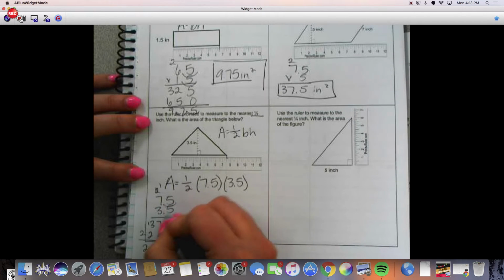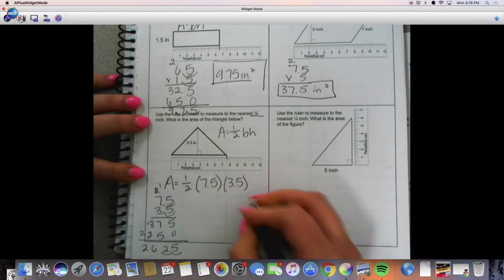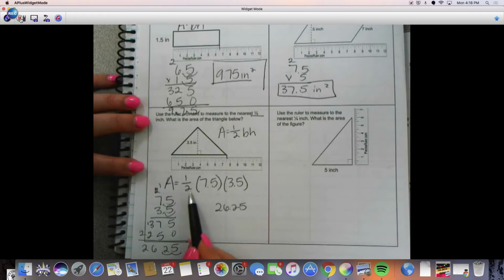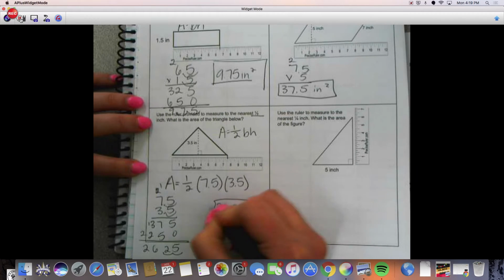Now I have to move 1, 2 place values. I have 26.25, and now I know that multiplying times 1/2 is really just dividing by 2.